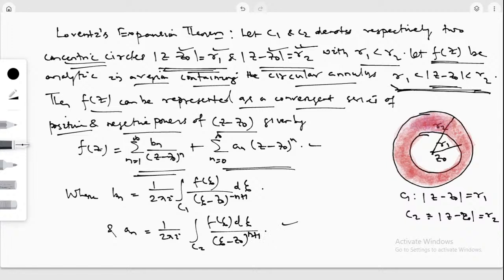So these are an and bn, and this is the Laurent series expansion.